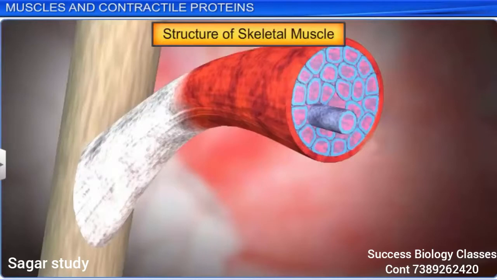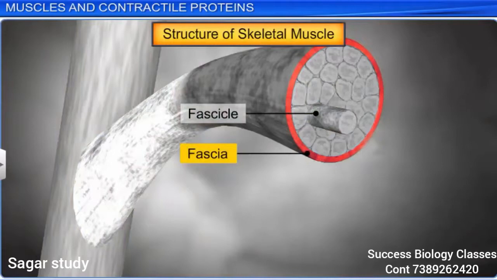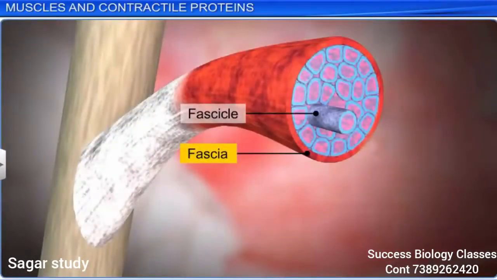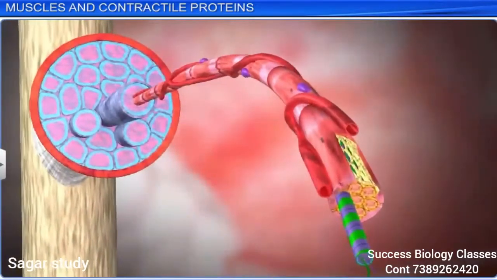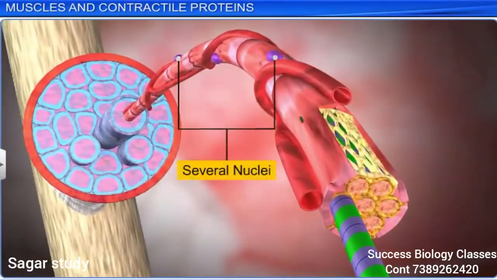Each skeletal muscle consists of many muscle bundles called fascicles that are held together by a collagenous connective tissue layer called fascia. Each muscle bundle consists of many muscle fibers, where each fiber exhibits a syncytium condition, which means the sarcoplasm contains several nuclei.